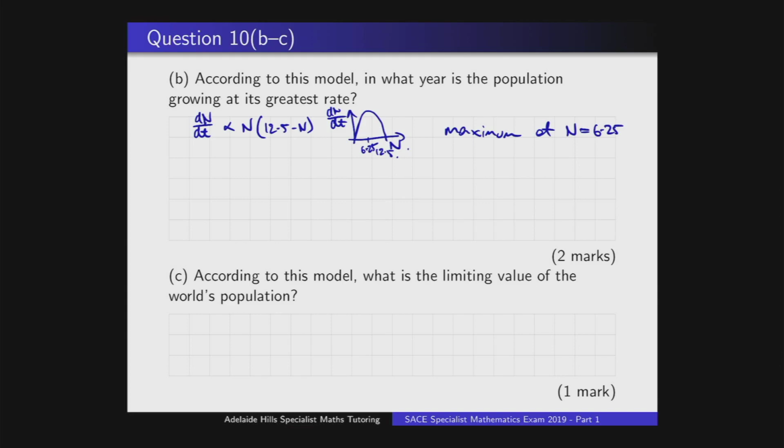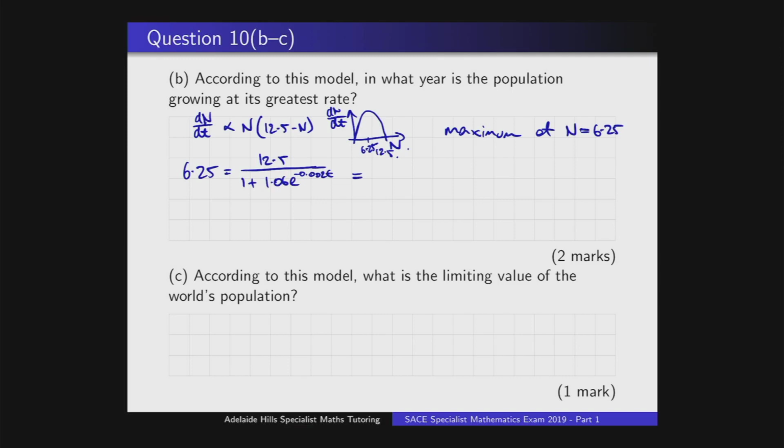So what we need to do now is solve our equation to find out what t is. Okay, so we've got 6.25 is equal to 12.5 over 1 plus 1.06 e to the minus 0.002t. We want to solve that for t.